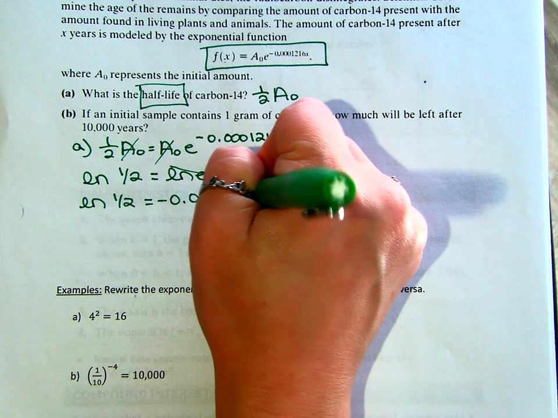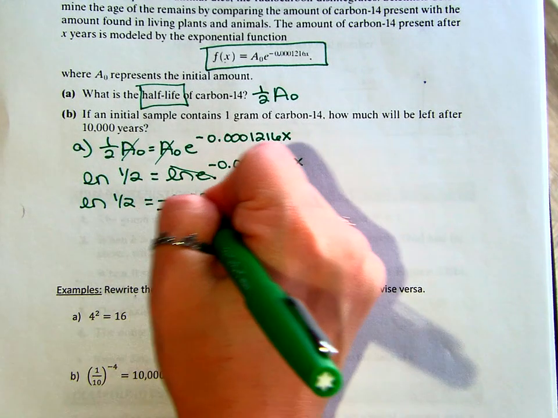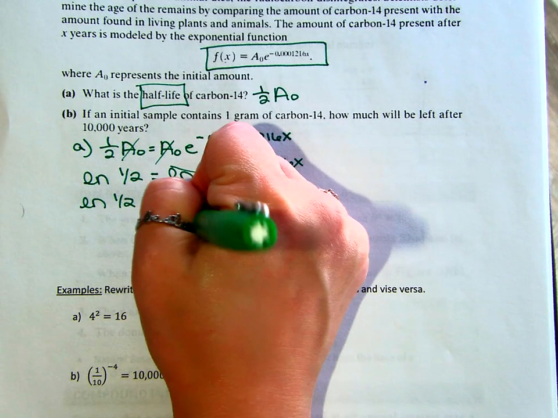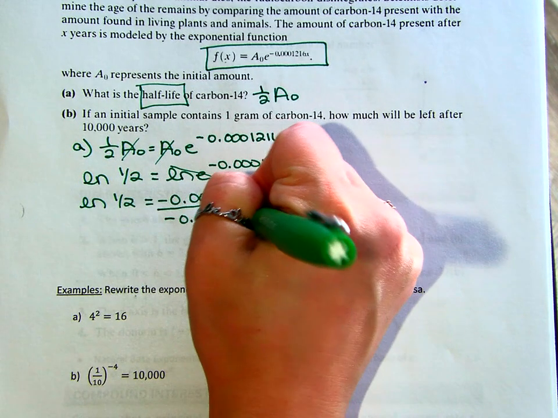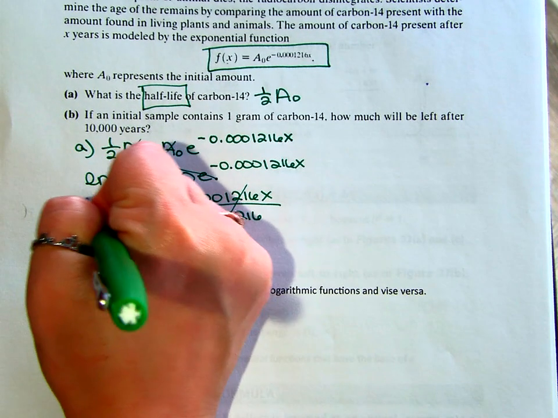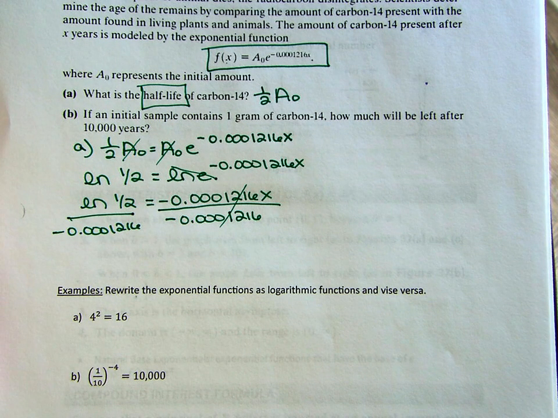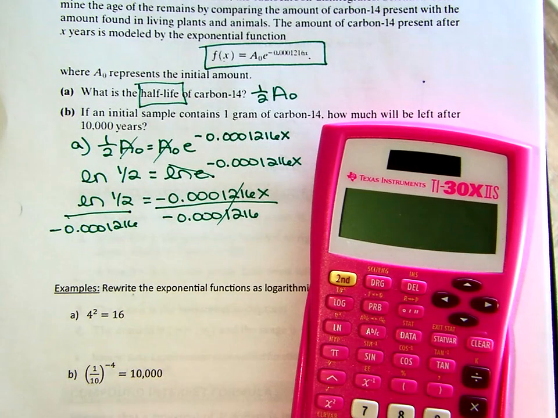Divide it all by that negative stuff, because then that would cancel over here, and I would have x all by itself. So we're going to take ln of 1/2, divide that by negative 0.1216.